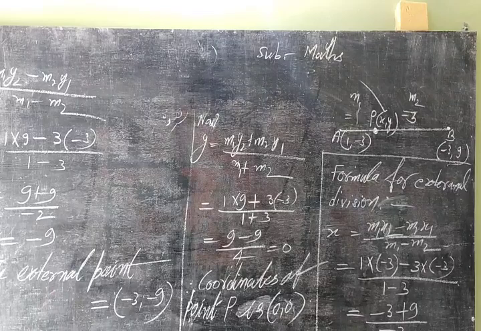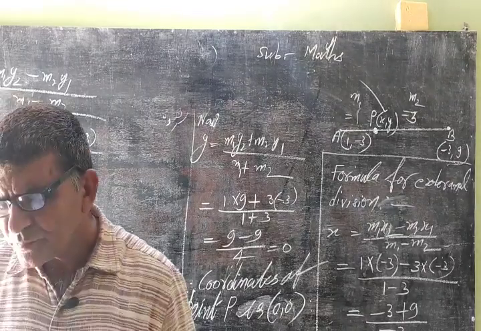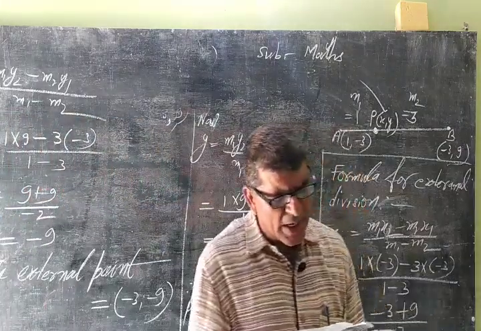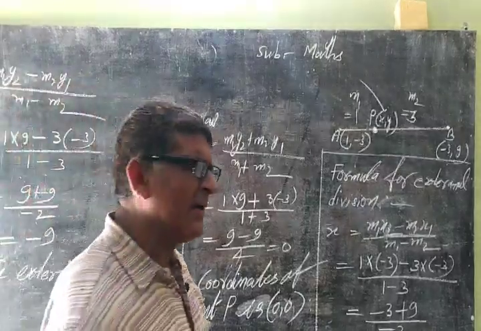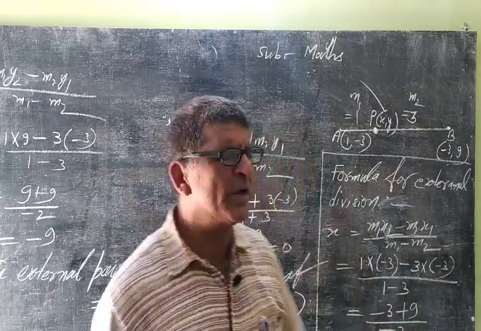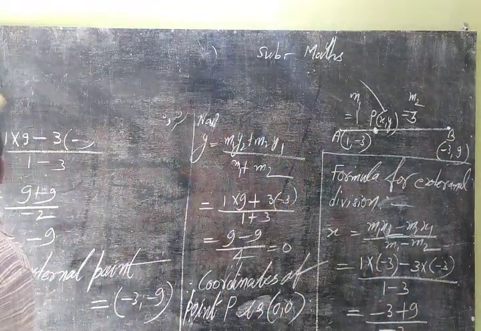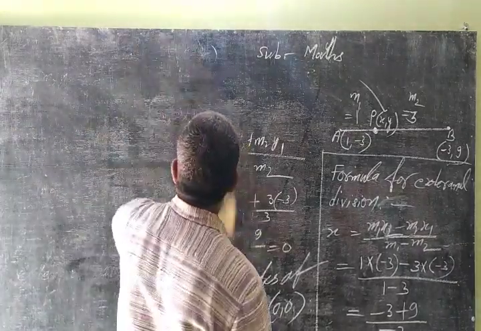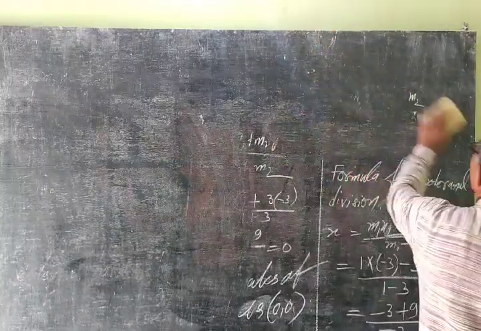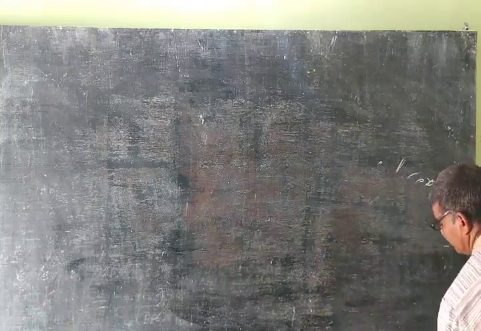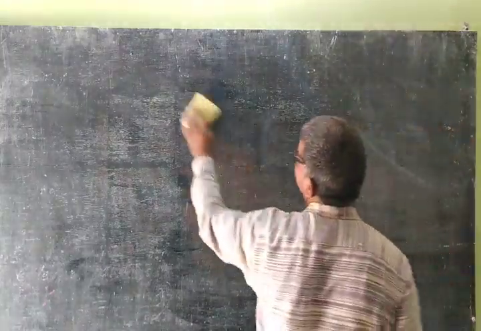And now about the next question. Question number 4. Find the coordinates of the midpoint of the line joining two points. First of all, I am going to tell you the coordinates of midpoints formula. What is the formula of midpoints and how we prove it? Yes, bete.